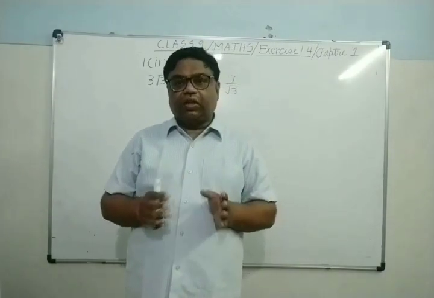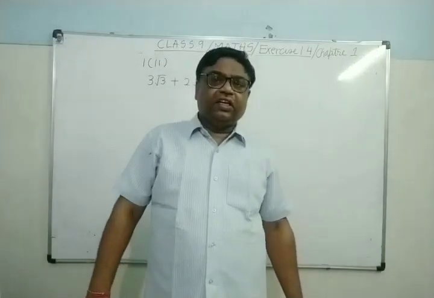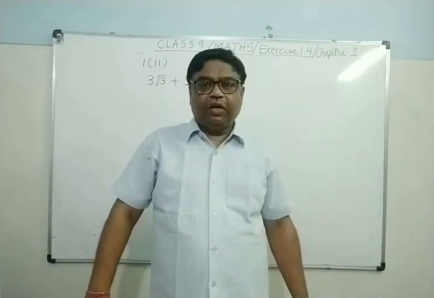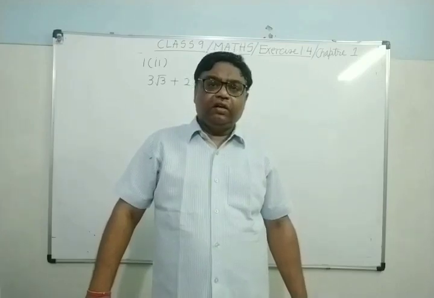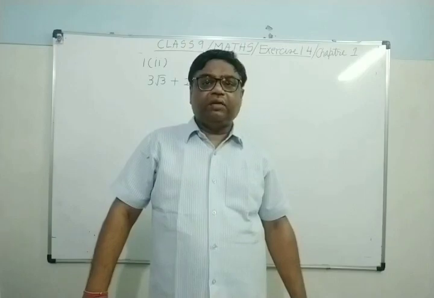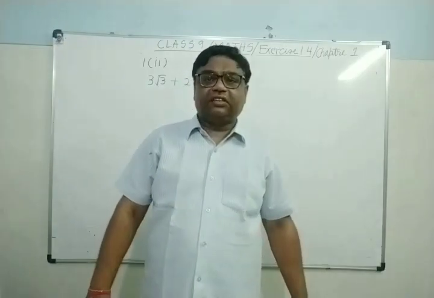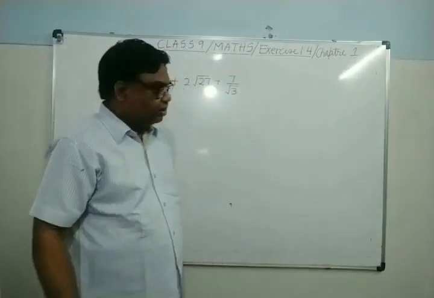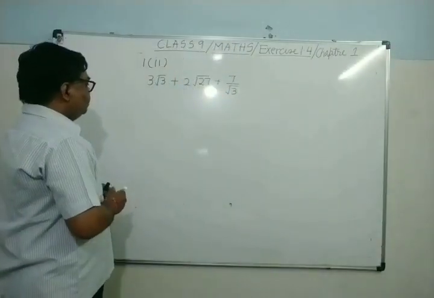First rule is addition and subtraction of surds is not possible. It's clear. Number 2, only we can do the product or division of surds having the same order.